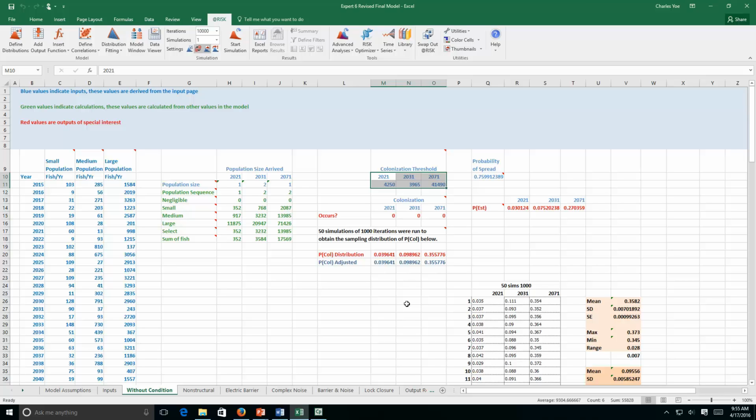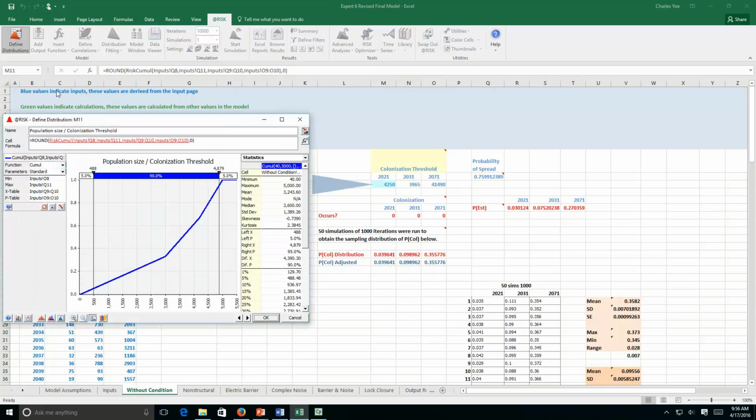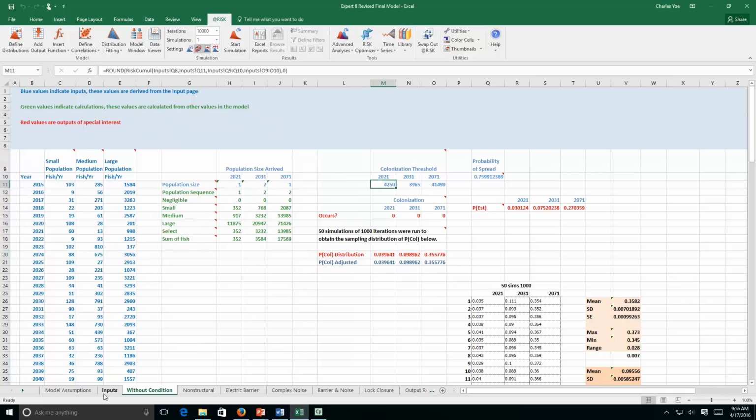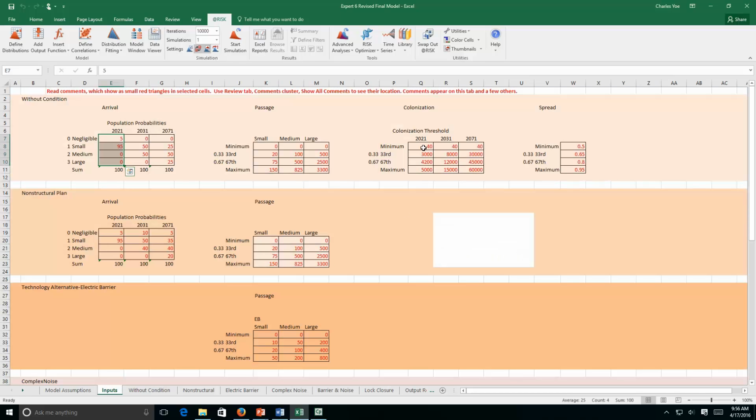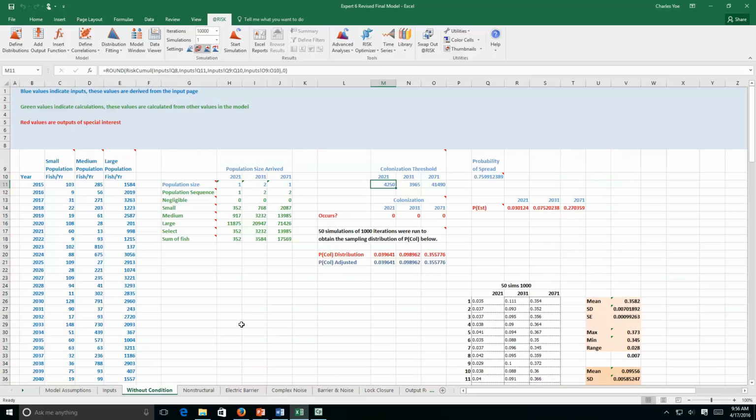So that brings us to this part of the model right here. By 2021, this number comes from a distribution that you see here, and that distribution is obtained from these values provided by our expert.